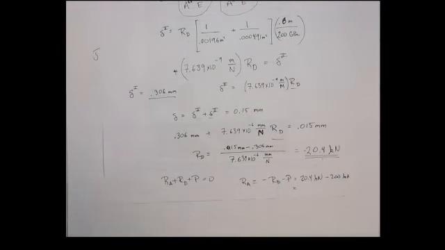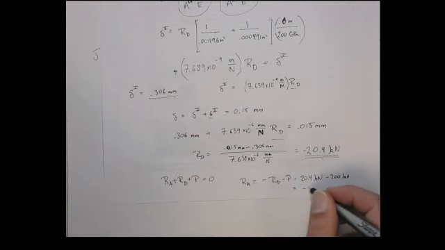Sorry, I did that wrong. 20.4 minus 200 gives me a minus 179.6 kilonewtons. So it's acting in the opposite direction.